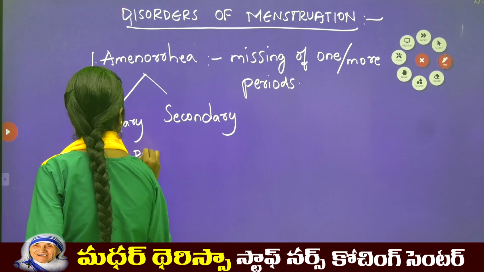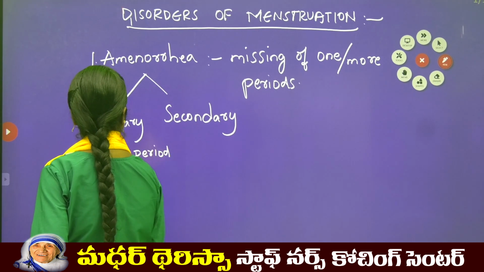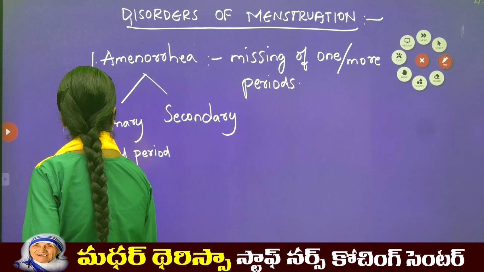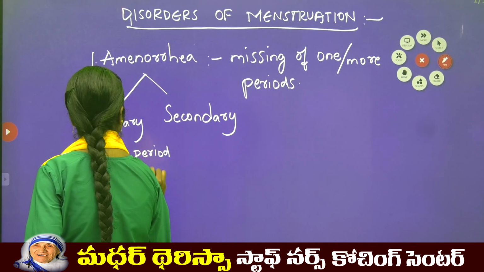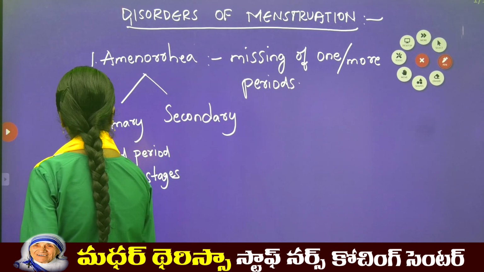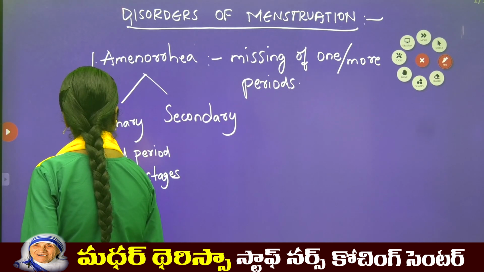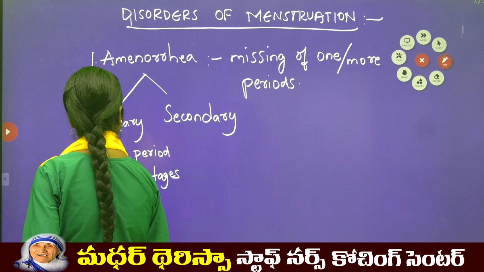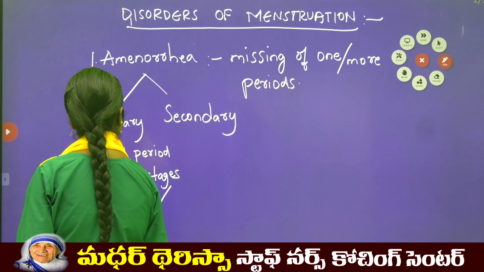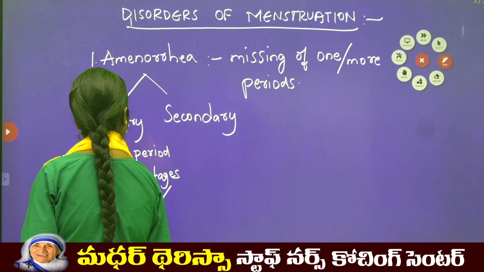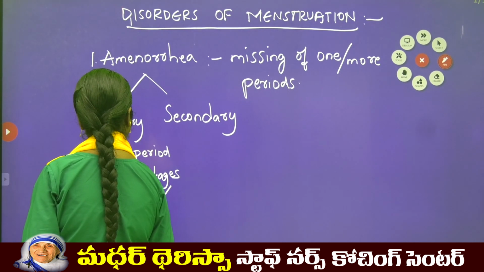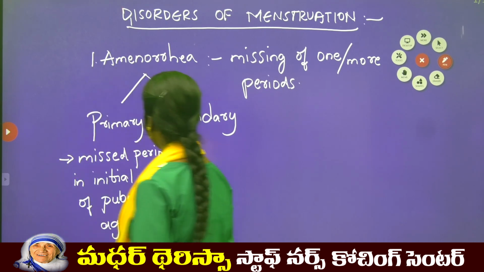Missed period in the initial stages of puberty, or at the age before 14. Clear?